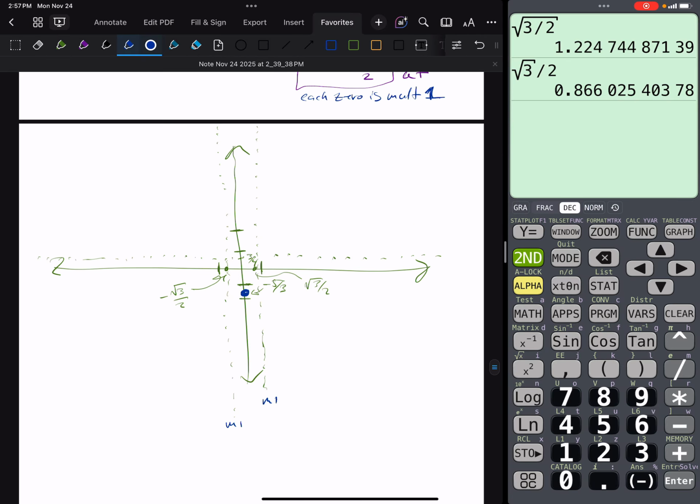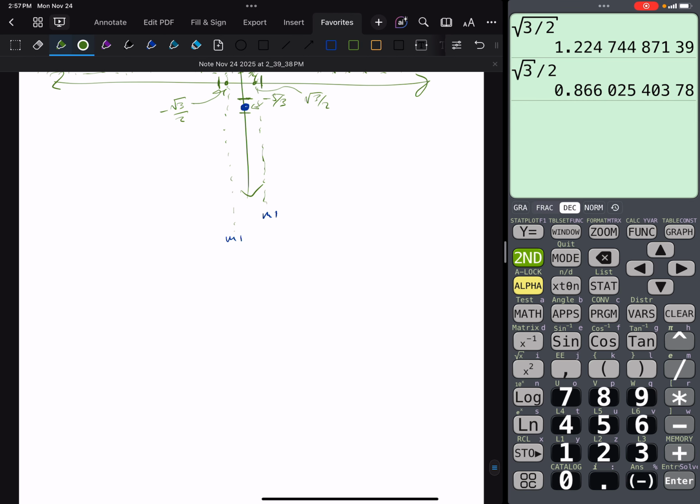And so I like to put a little note down here, M1, at the bottom of my vertical asymptotes, because it reminds me of the behavior of my graph around those vertical asymptotes. Because remember, an even multiplicity asymptote, so an even vertical asymptote: if it goes up on one side, it goes up on the other side.